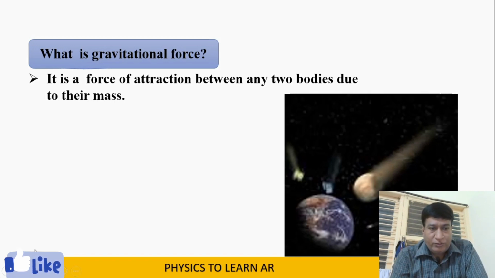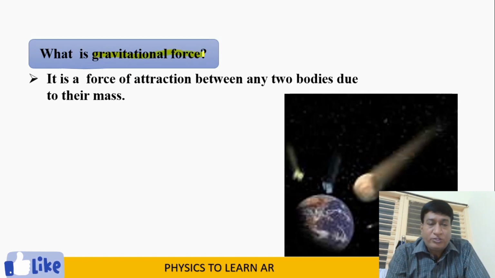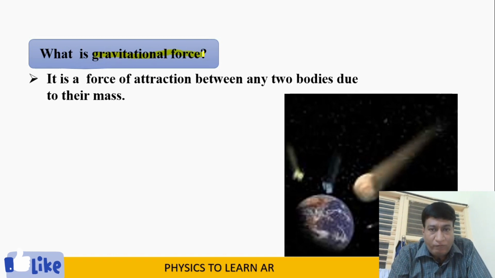In class 12, we learned about the electrostatic force. In the same way, now we are going to discuss the concept of gravitational force. This force arises because of masses.